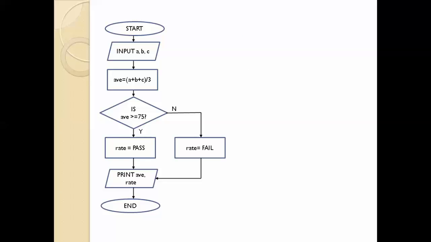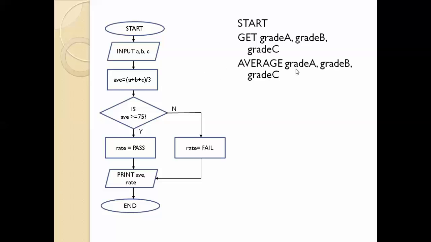To start it, let's have a start. Then for our input, let's have get grade A, grade B, and grade C. For the process, this is averaging, so let's have average grade A, grade B, and grade C. Following this is our condition.